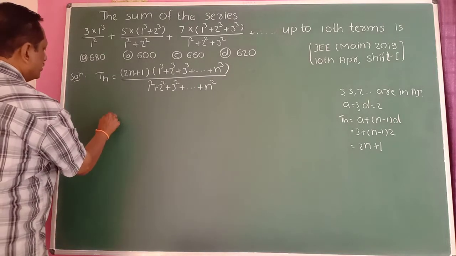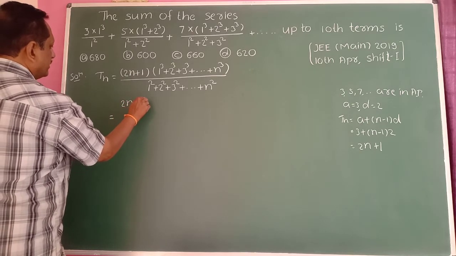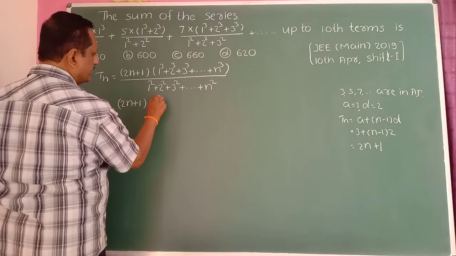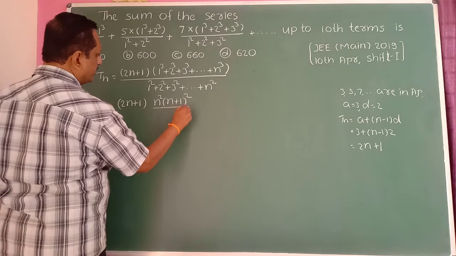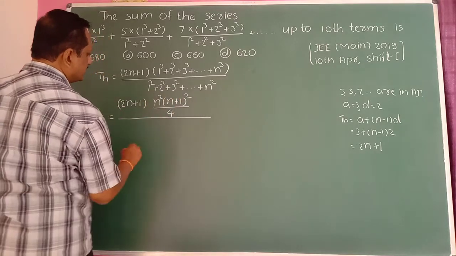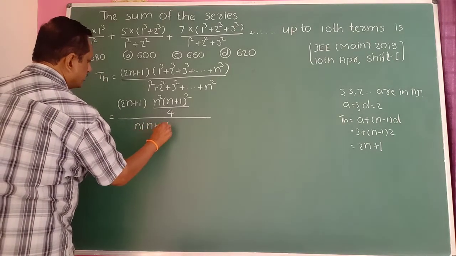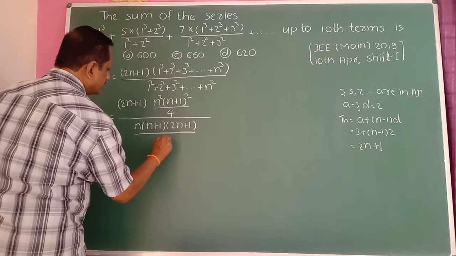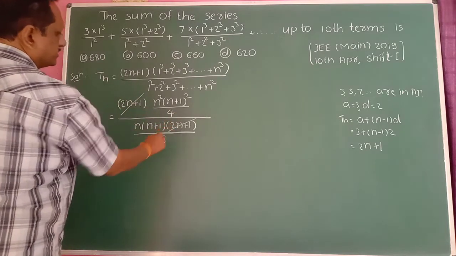Therefore, this is equal to 2n plus 1 into the sum of these terms, according to the formula n square into n plus 1 whole square divided by 4, divided by the sum of this series, n into n plus 1 into 2n plus 1 divided by 6.